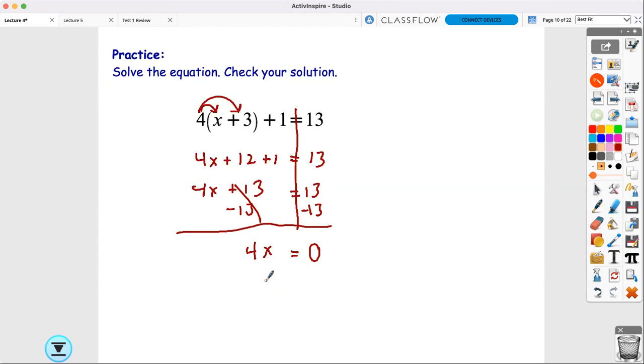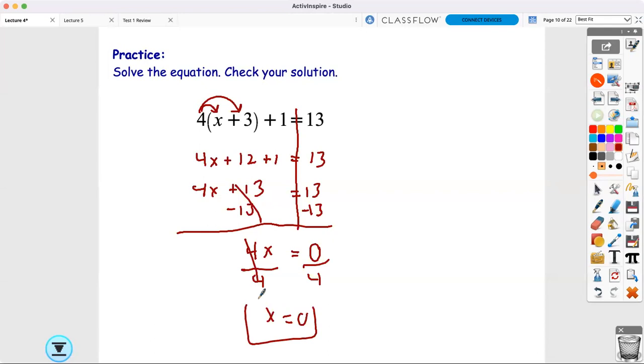Okay, and then you divide by 4 on both sides. Good. And then what was 0 divided by 4? 0. Correct. Good job, Priscilla. Thank you. You're welcome.